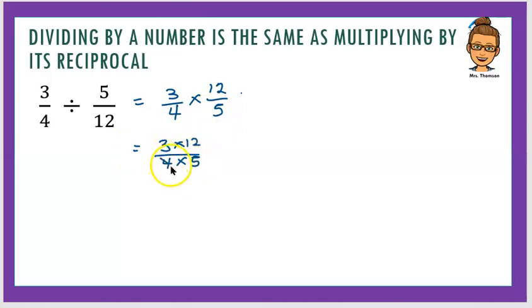And we can reduce this down. 4 into 4 goes 1. 4 into 12 goes 3. 3 threes are 9. 1 times 5 is 5. 9 over 5. And we know that this is an improper fraction, so we have to change it. 9 over 5 is going to give us 1 and 4/5.